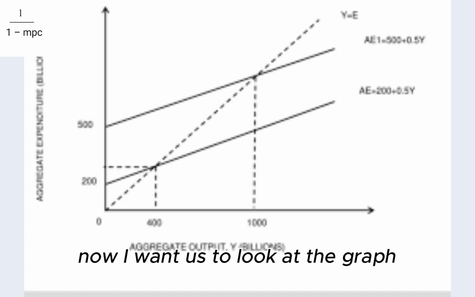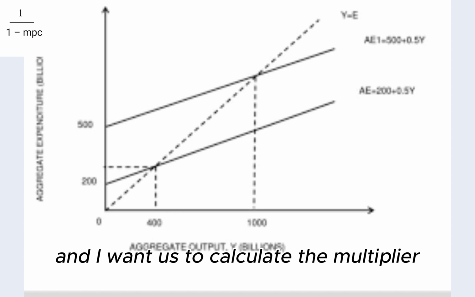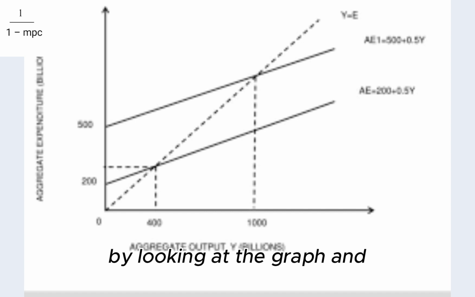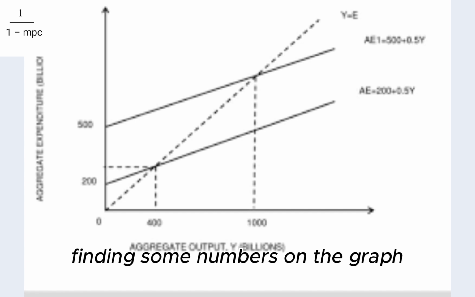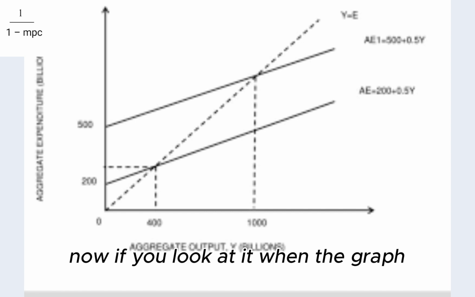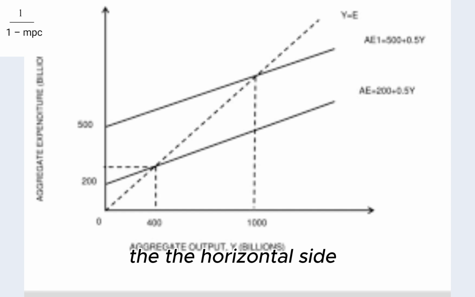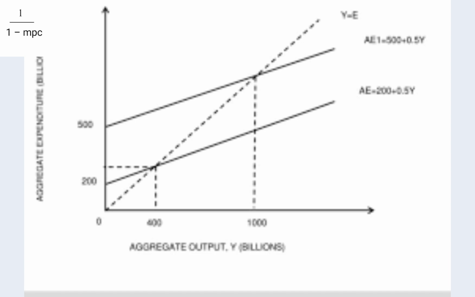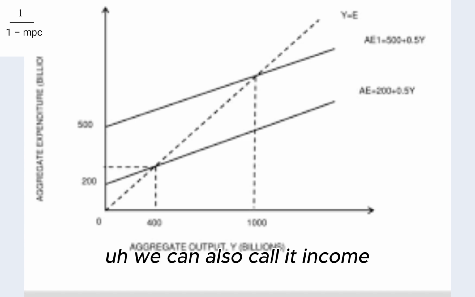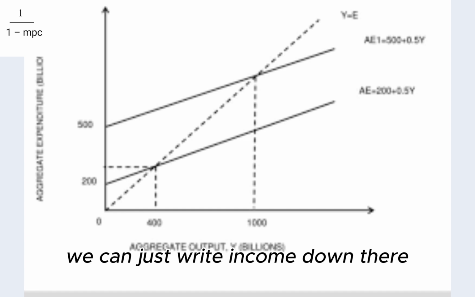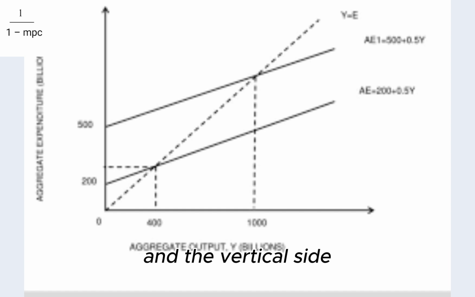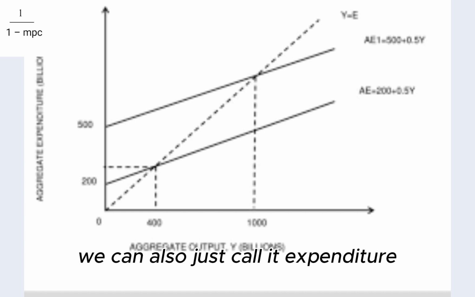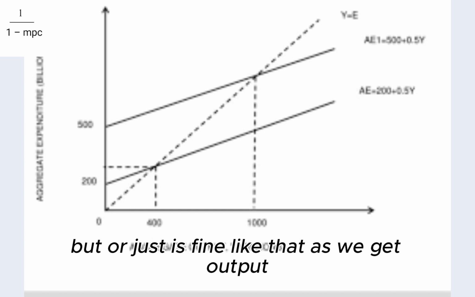Now I want us to look at the graph and calculate the multiplier. I want us to find the multiplier by interpreting the graph, by looking at the graph and finding some numbers on it. If you look at the graph, the horizontal side, which is written aggregate output, we can also call it income. We can just write income down there. And the vertical side, which is written aggregate expenditure, you can just call it expenditure, but I'll just say it's fine like that.